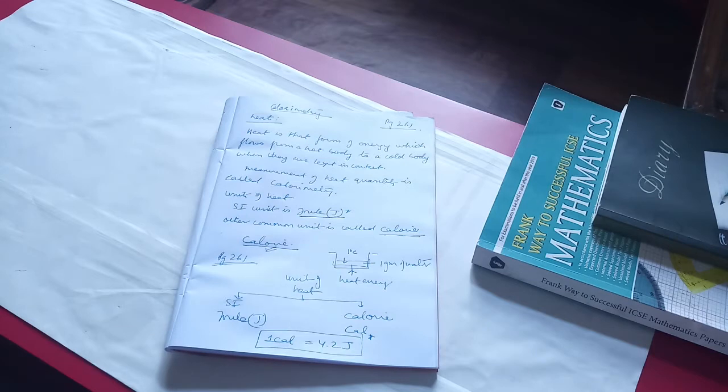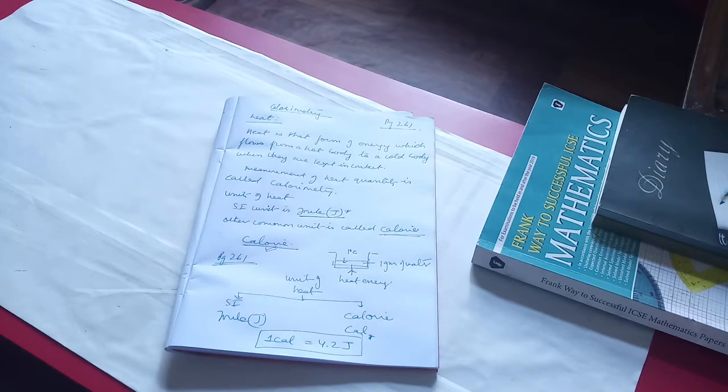It's quite simple. So now we go to the next topic. In the textbook, on page number 262, you will find the concept of temperature. No need to explain this much. Temperature is the thermal state of a body, which basically tells the degree of hotness or the degree of coldness of the body.